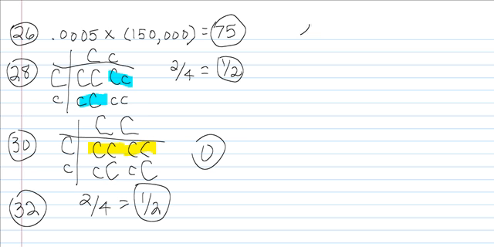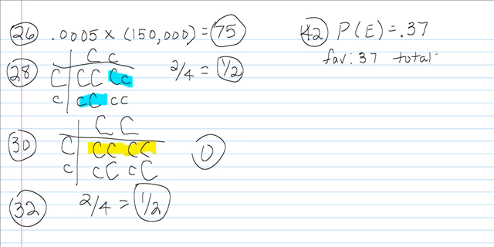Okay, let's look at number 42. In number 42, if the probability of an event E is 0.37, find the odds in favor of E. Probability of E is 0.37. So that means we have favorable 37 out of the total. Notice in probability we want to talk about the total, because this is 37 out of 100.